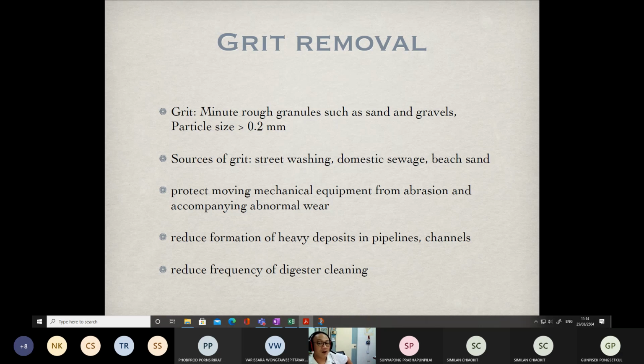But if a number of sands and gravel particles enter the digester, they may have to clean it more frequently. Otherwise, the activities of the microorganisms in the digester will drop, and then the operator will not get the treated water, will not get the byproducts from the water and wastewater treatment.